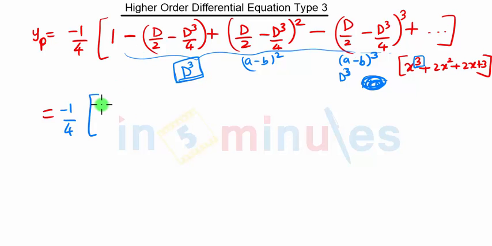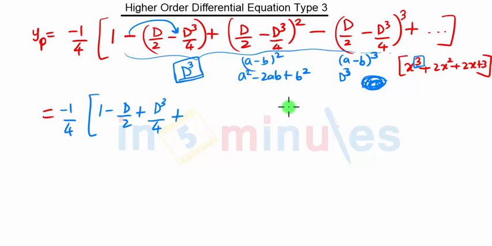Okay, so the first bracket will remain as it is. This negative sign will go inside and it will become minus, and minus will become plus. So D cube upon 4. This term is (a minus b) the whole square, which will be a square minus 2ab plus b square. Okay, what is a square? It is D square upon 2 square. This is a minus 2ab. So minus 2. What is a?